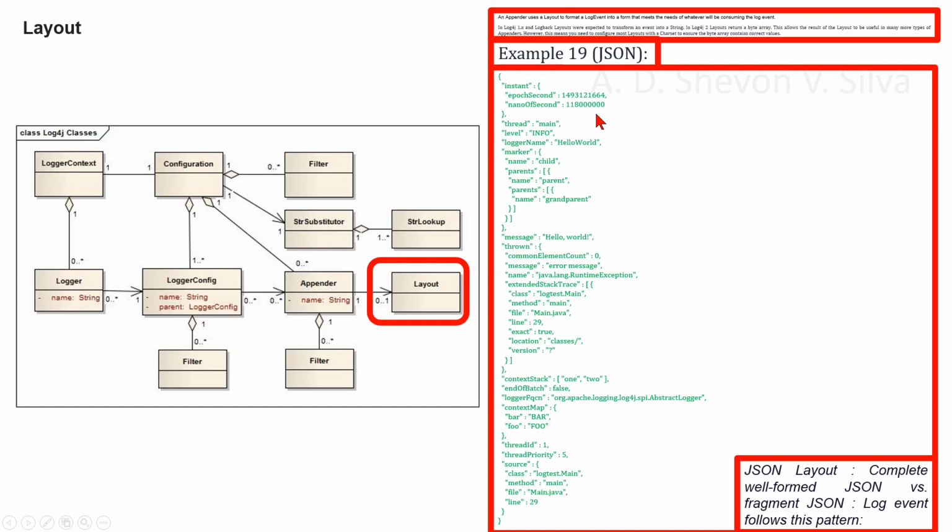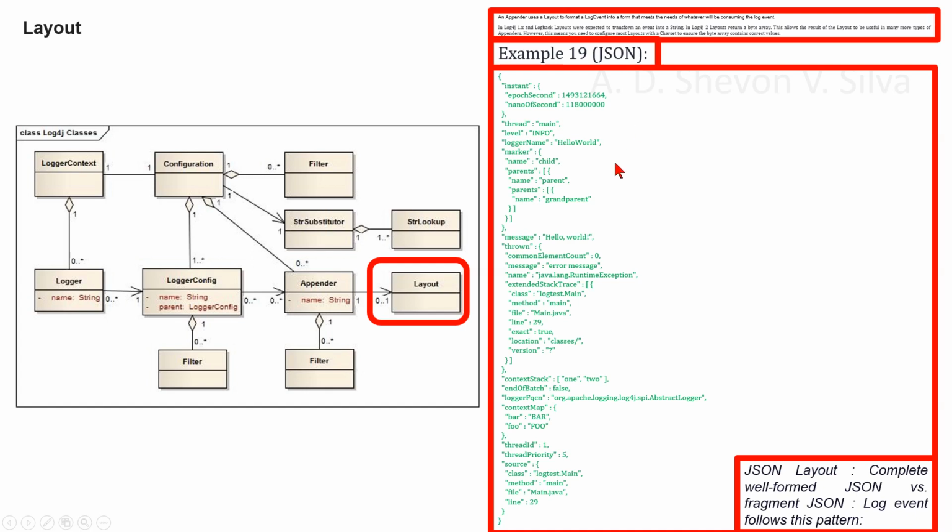If complete equals false, the appender will not write the JSON open array character, the open square bracket, at the start of the document, and the closing square bracket at the end of the document, and there is no comma between records.